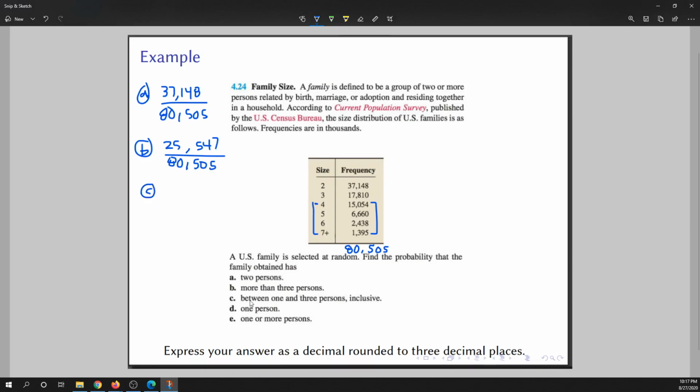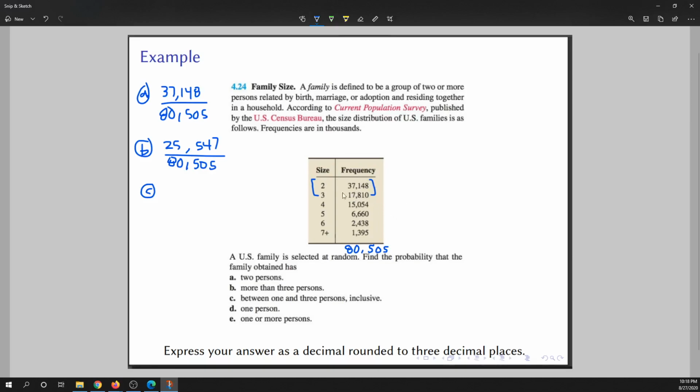All right, next up it says between 1 and 3 persons inclusive, meaning including the number 3 and the number 1. So that would be these numbers, and notice there is no number 1, because by definition, a family is a group of 2 or more people related by birth. So that number 1 is not on there. You can just consider the frequency as 0, okay?